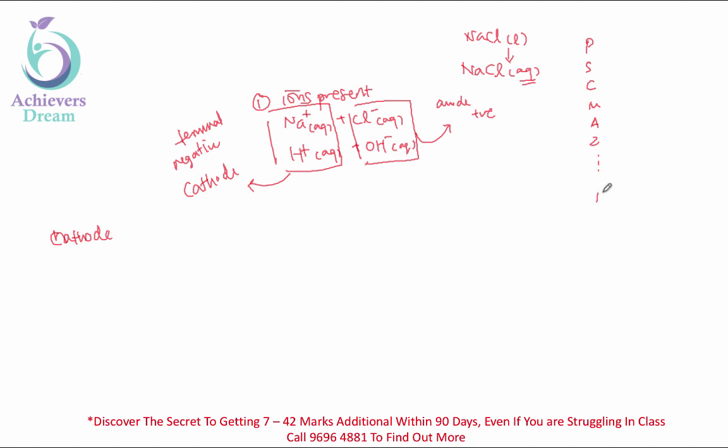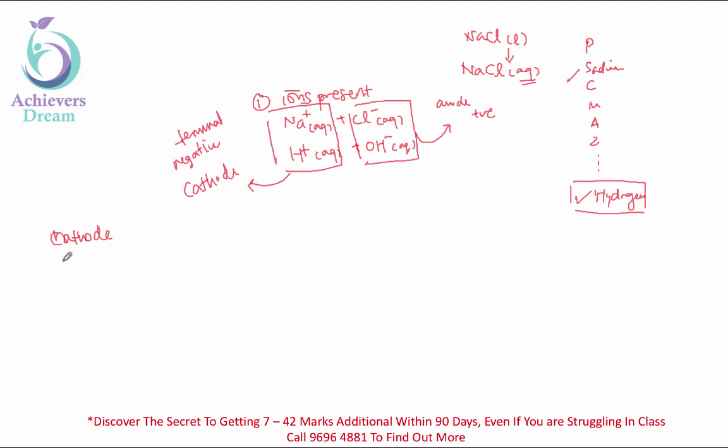All the way down you see hydrogen here. Sodium is at the top, where hydrogen is at the bottom. So who do you think gets displaced easier, sodium or hydrogen? Of course, hydrogen being less reactive will get discharged.